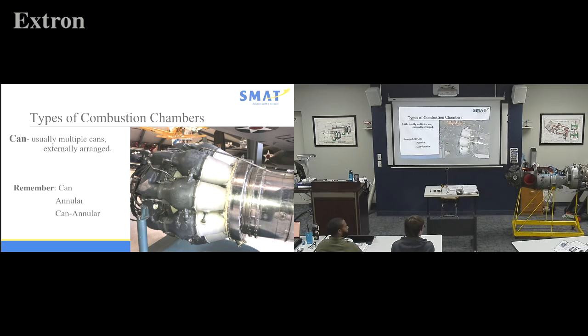But later this week possibly, you're going to be going into the combustion chamber of the Allison and see it's just a single can in here that is a combustion chamber. And each one is self-contained with the burning that's going on inside.